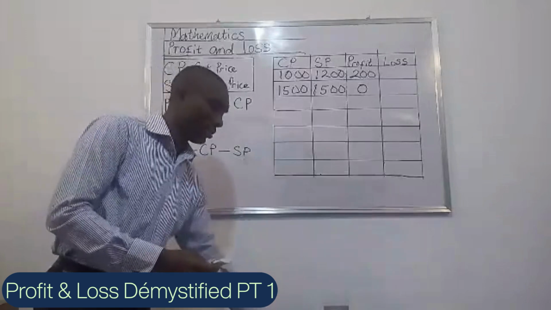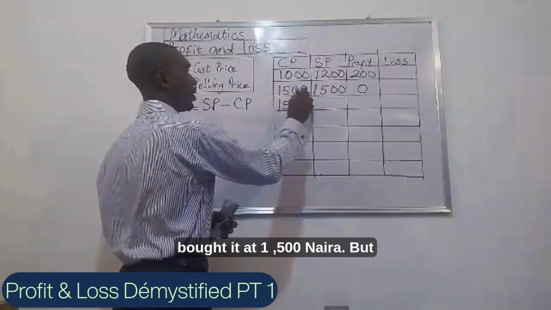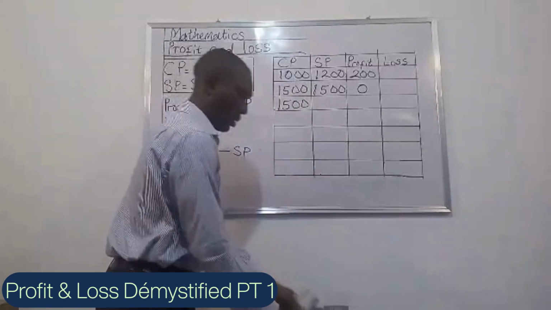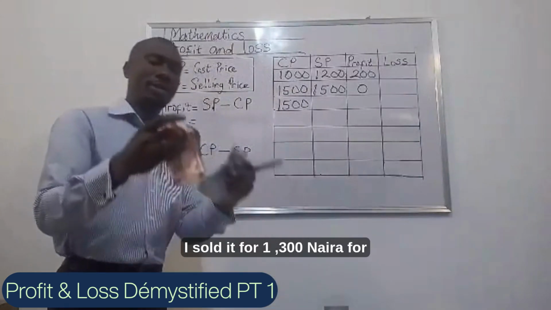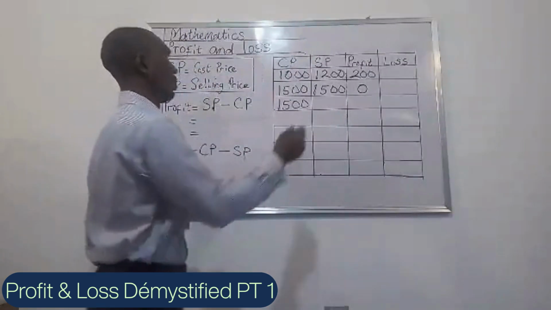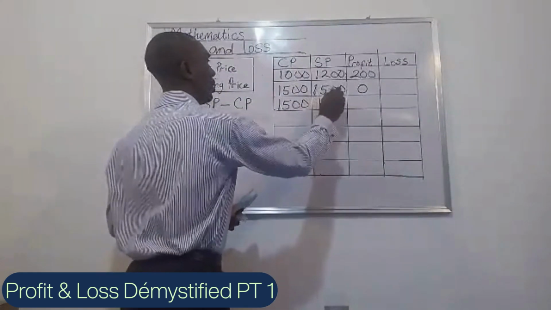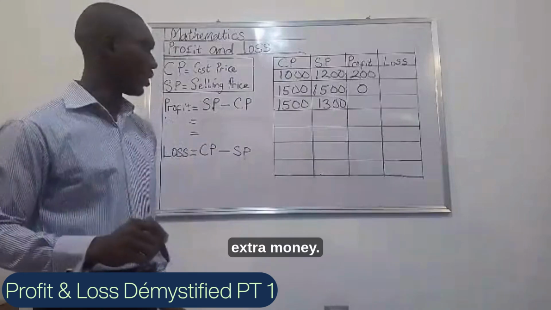I bought it at 1,500 naira. But I sold it for 1,300 naira. Now, what is my profit? Do I have an extra money?